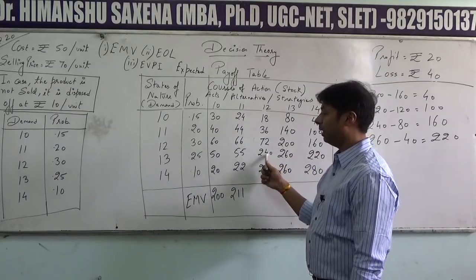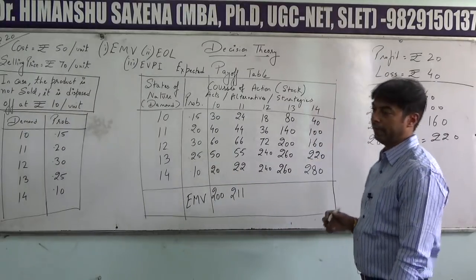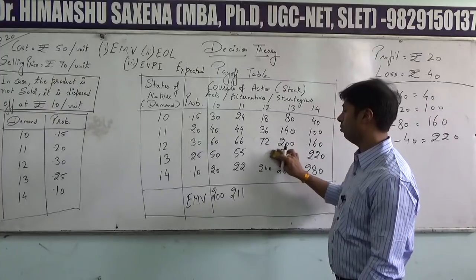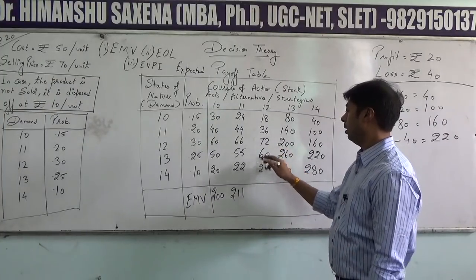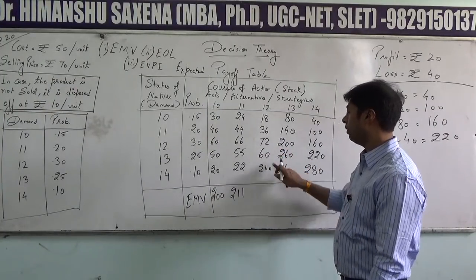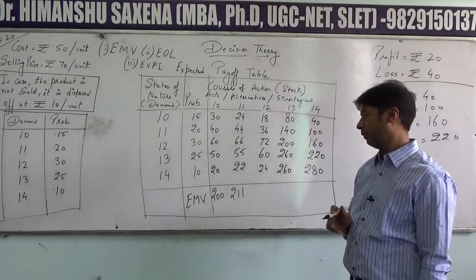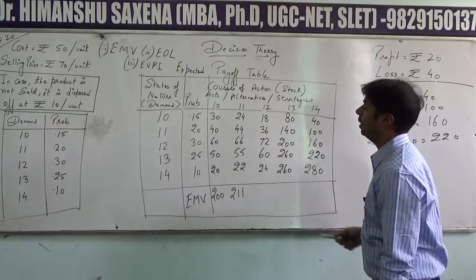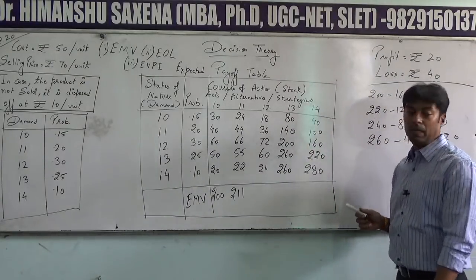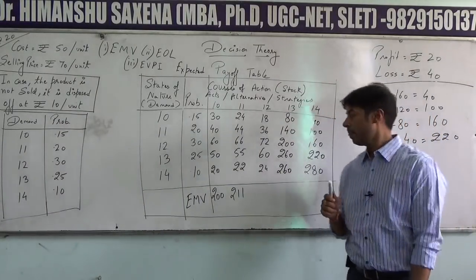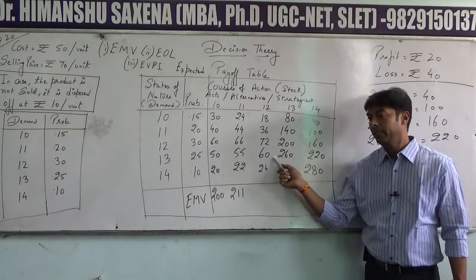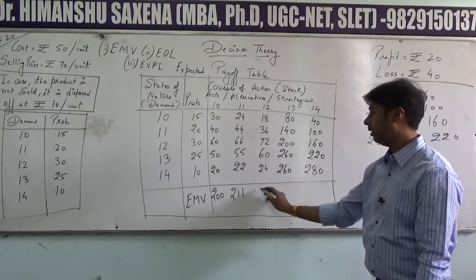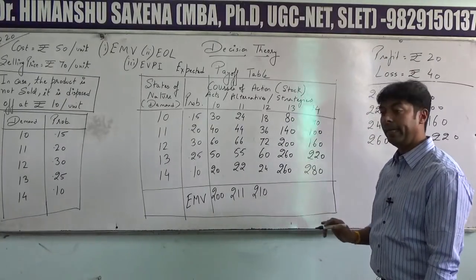Then 240 multiplied by 0.25 will be equal to 60. 240 multiplied by 0.10 will be equal to 24. Now adding up all these values, 18 plus 36 plus 72 plus 60 plus 24, that will give you the total as 210.